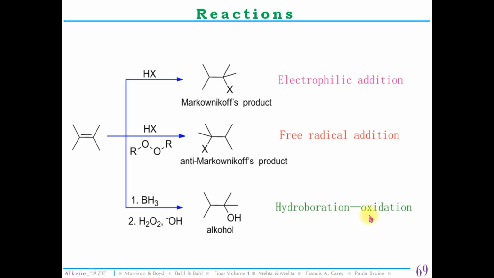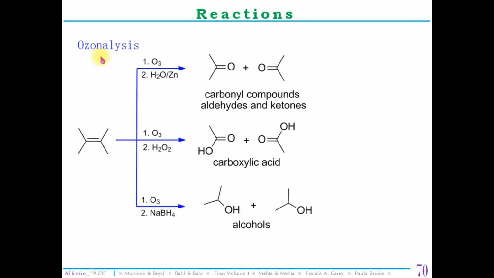Hydroboration-oxidation using borane and hydrogen peroxide in alkaline media. Ozonolysis, where ozone is reacted with alkene. Under different conditions, different products are obtained, like carbonyl compounds, carboxylic acids and alcohols.